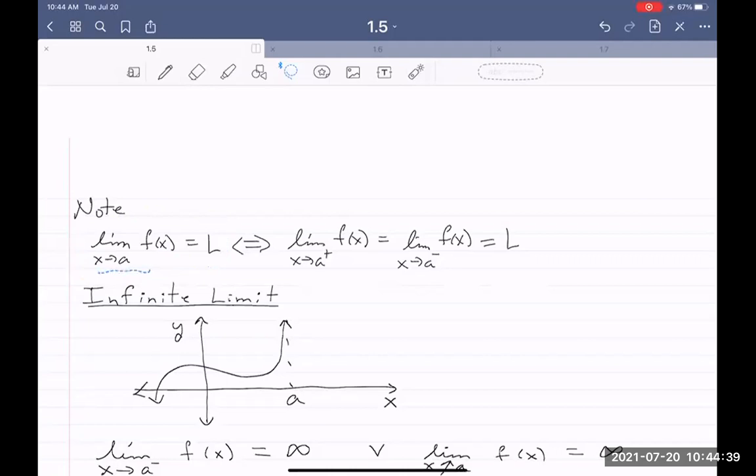So the limit as x approaches a of f of x is equal to L if and only if the limit as x approaches a from the right side of f of x is equal to the limit as x approaches a from the left side of f of x is equal to L. So if both the right and left side limits exist and are equal, then the two-sided limit exists and is equal to this mutual value.